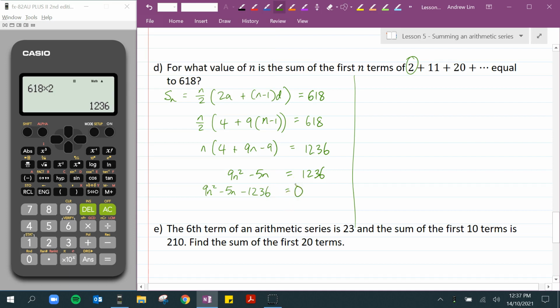Now I probably wouldn't be bothered trying to factorize this, so I'm just going to use the quadratic formula. n is equal to minus b plus or minus the square root of b squared minus 4ac, all over 2a.